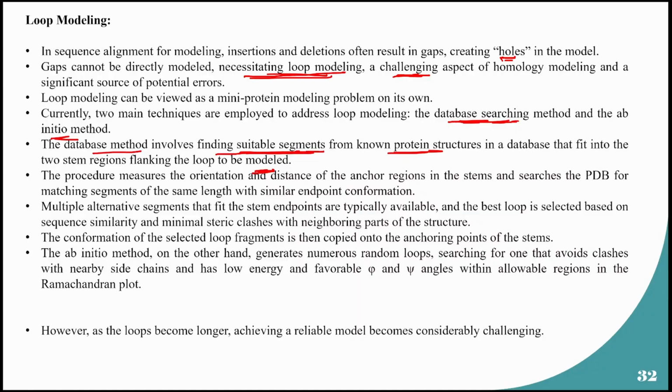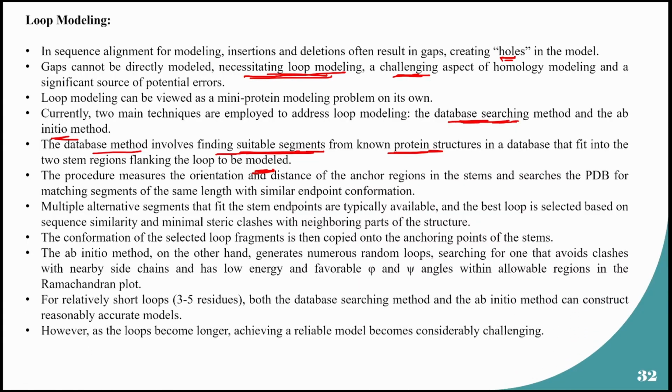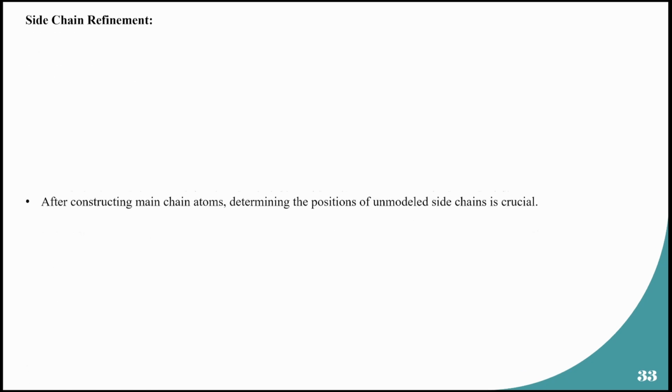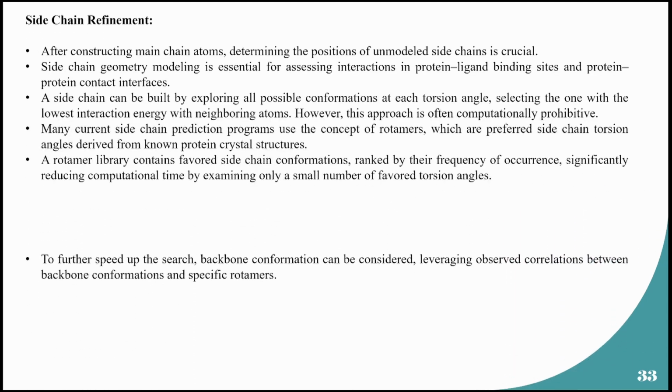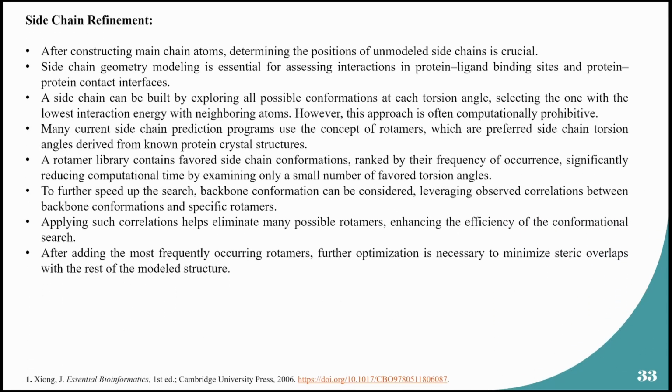After that, you have to go for the sidechain refinement, right? The sidechain modeling will be done using different rotamer libraries. The rotamer libraries are preferred sidechain torsion angle profiles that are also derived from known protein crystal structures.